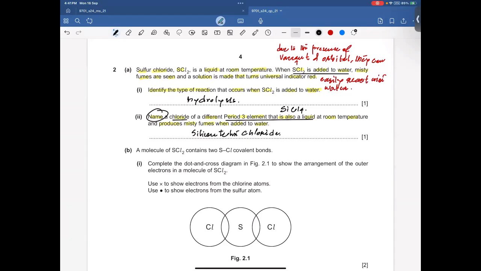Okay. And that's what we have done in the class also. Let me show you the equation. When SiCl4 is hydrolyzed with water, because of the presence of empty d orbitals, it will turn to white precipitates of silicon hydroxide and misty fumes of HCl.